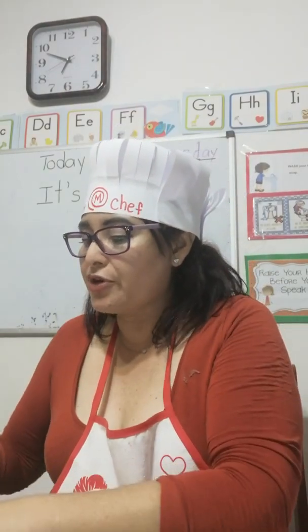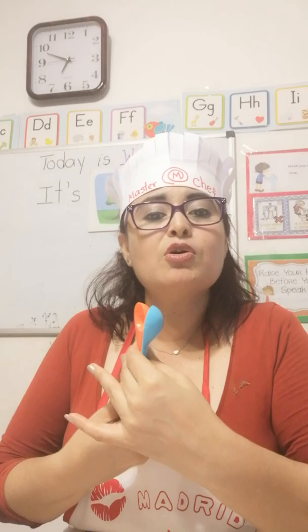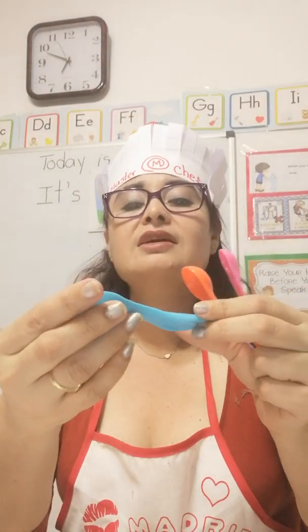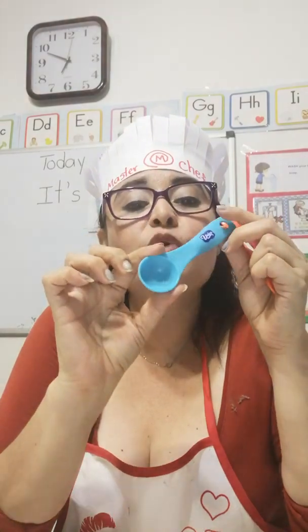And there are some others that I have here. They are called tablespoon or teaspoons. Tablespoon, do you see? I have 3 of them, and they are of different sizes. The light blue is one tablespoon.